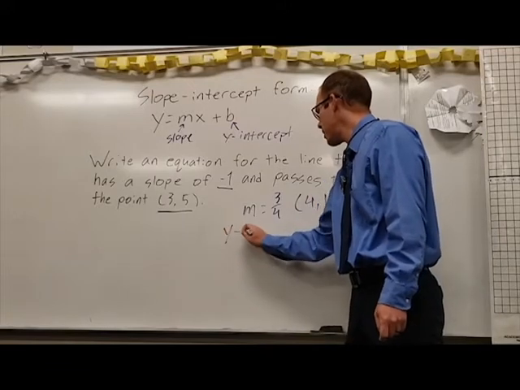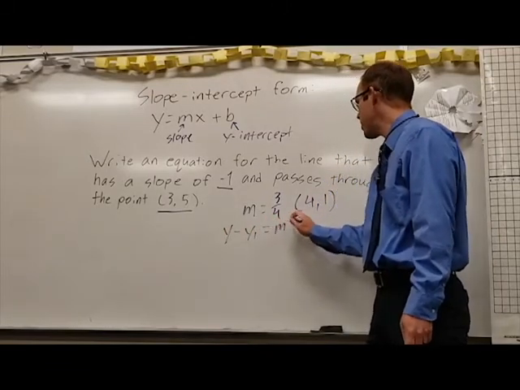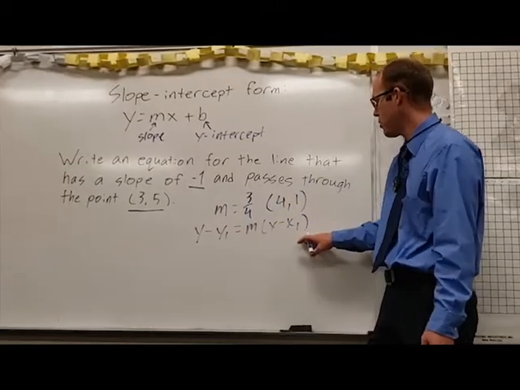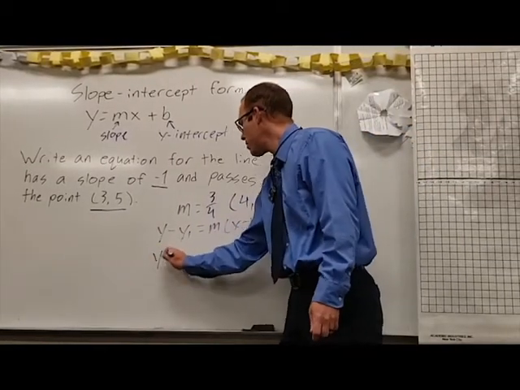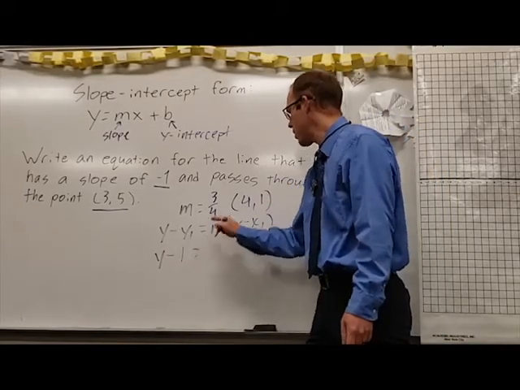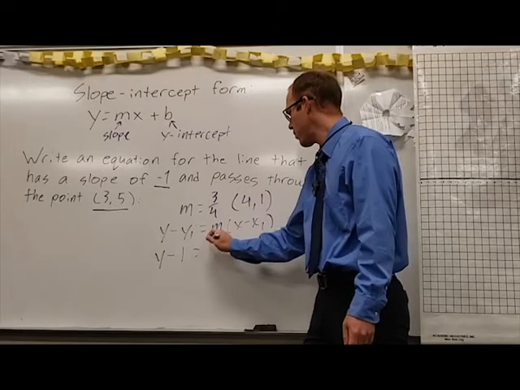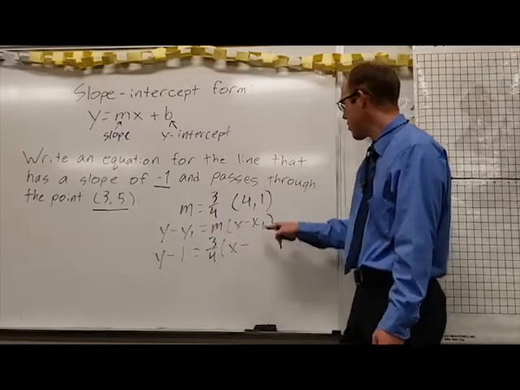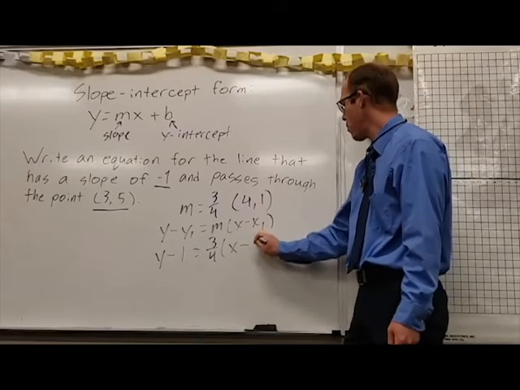So we have y minus y1 equals m times x minus x1. Let's fill out the information we have now. We have y minus, and our y value is 1, equals m, our slope is 3/4, times x minus our x value, which is 4.